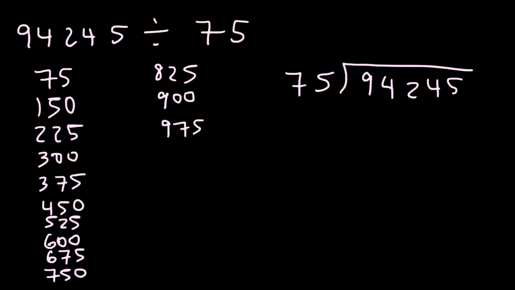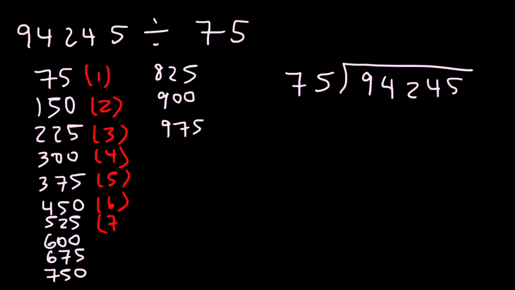I don't think we need to go past 975. So this is 1, 2, 3, 4, 5, 6. 75 times 7 is 525. That's times 8. Actually, I really don't think you need to go past 9.